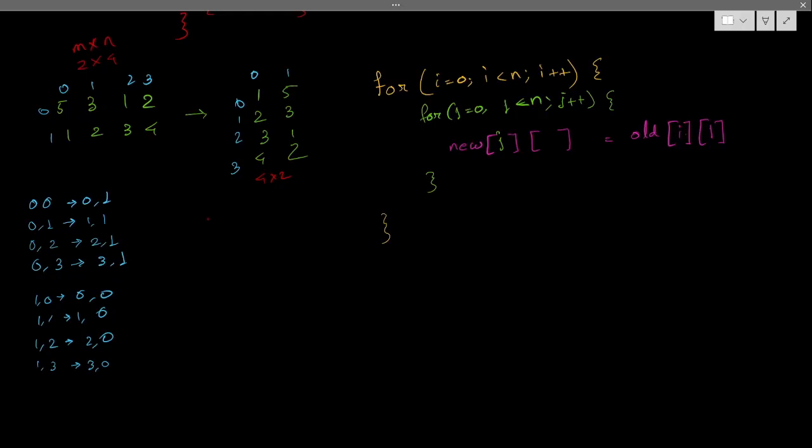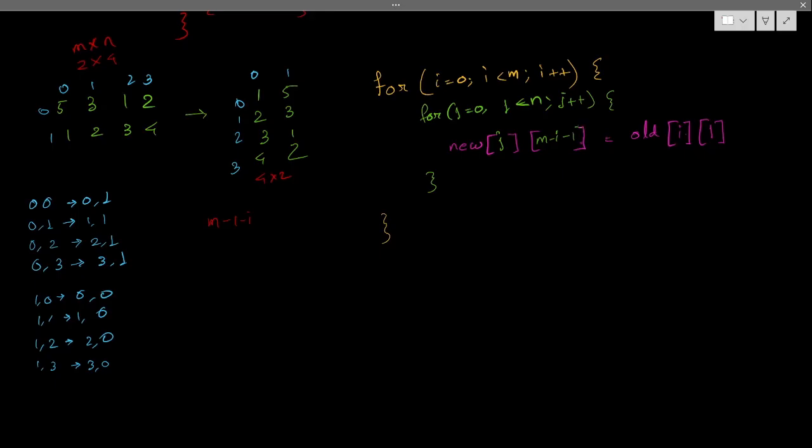So it will be m minus 1 minus i, or m minus i minus 1, both are same actually. That's all. That's why I showed this different approach.